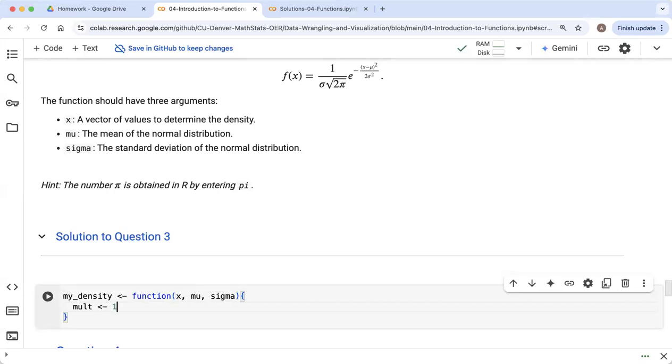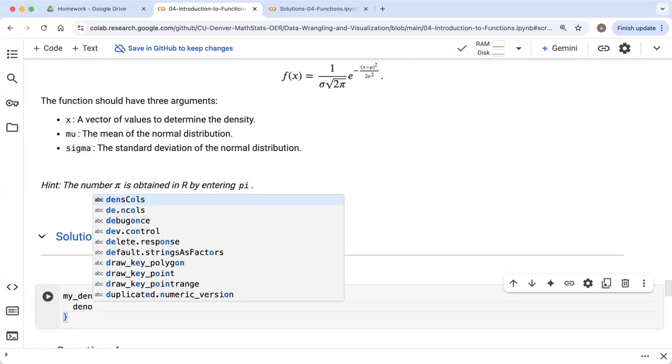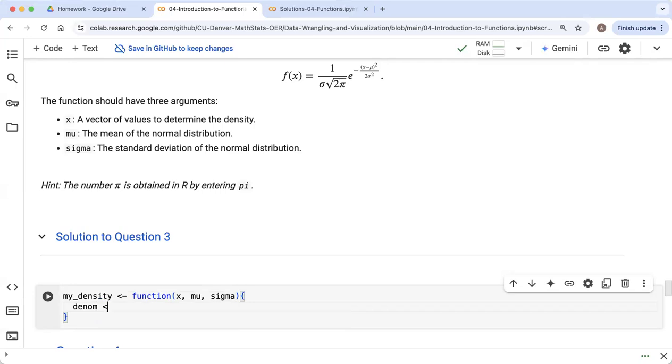We first have this multiplier out in front. I'm going to call this denom. And in the denominator, I've got sigma times the square root of 2 times pi.